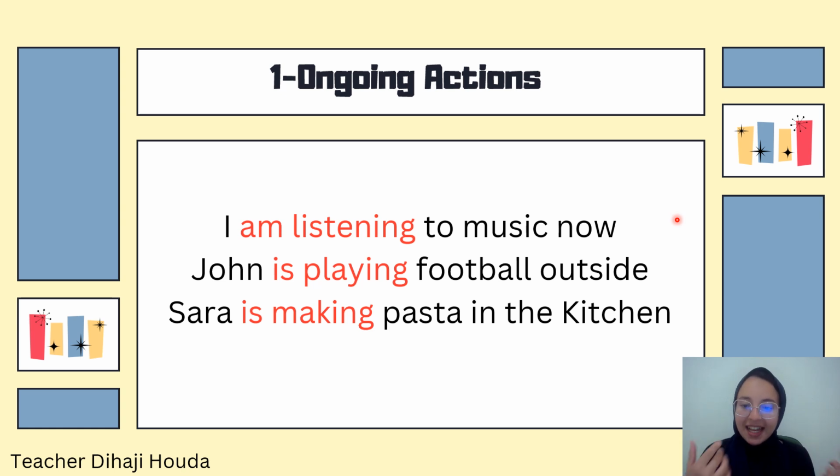You are learning, and I am teaching you. So we are doing these things right now. And this is what we call ongoing actions. So in this case, we use the present continuous to express the duration or continuity of actions which happen right now in the present moment.